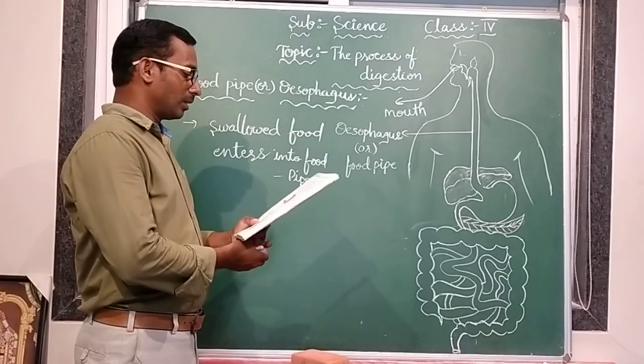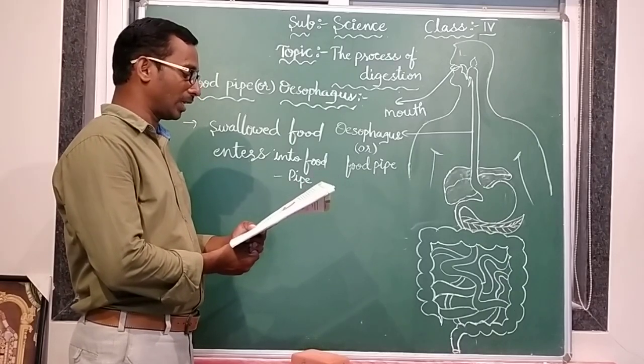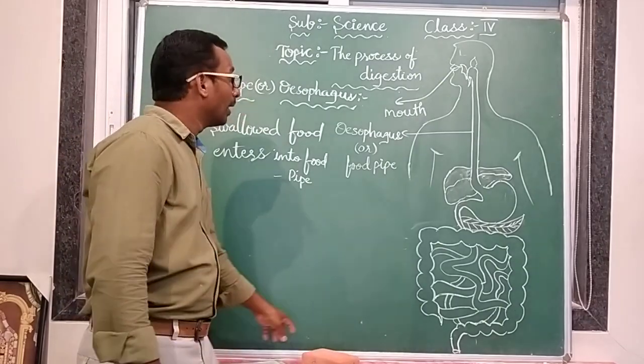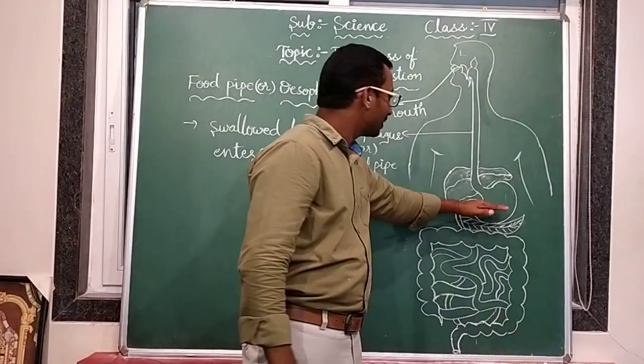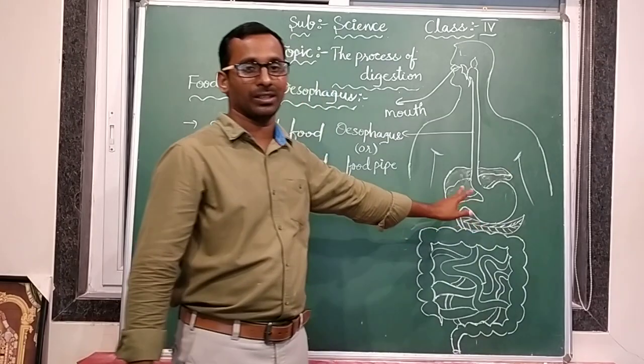Through this, the food is moved downwards into the stomach by the muscular movement of the esophagus. So this food pipe joins two parts. What are they? Stomach and mouth. It is a tube-like structure.